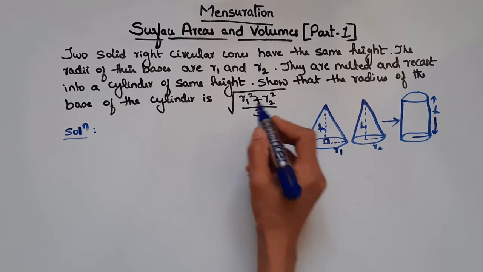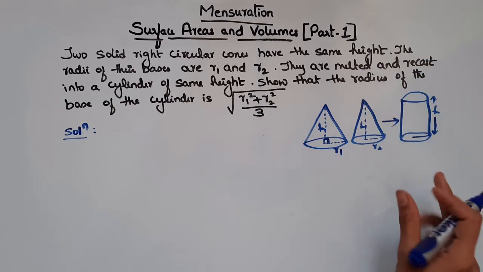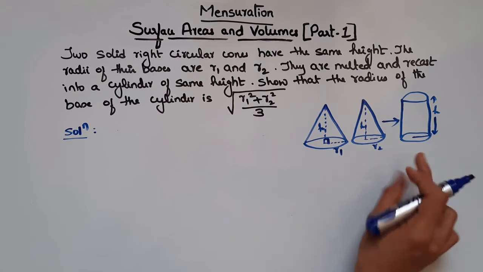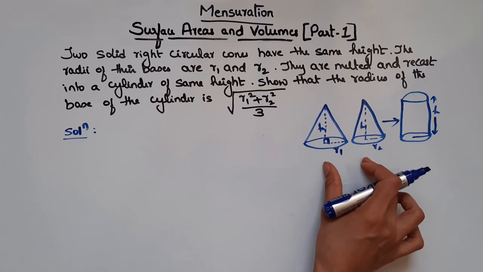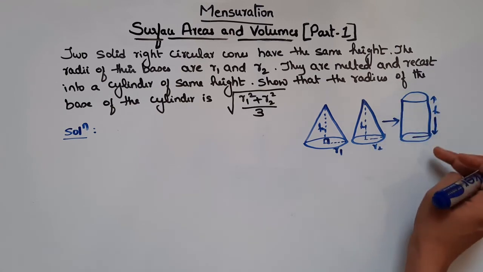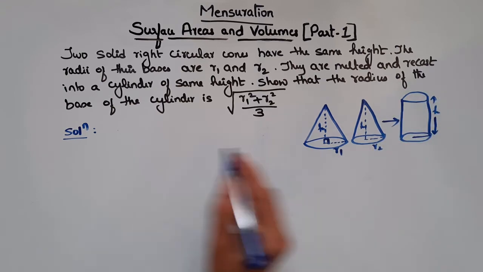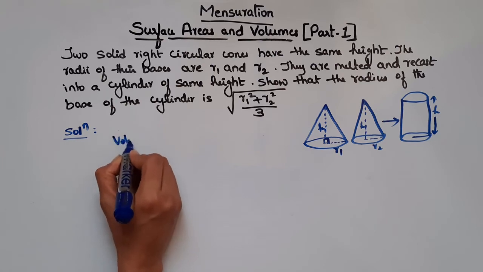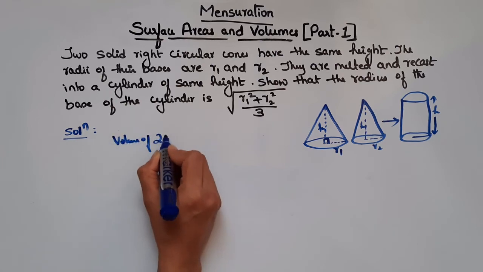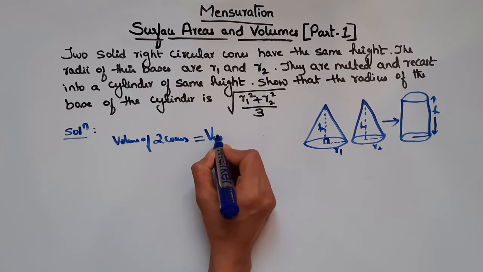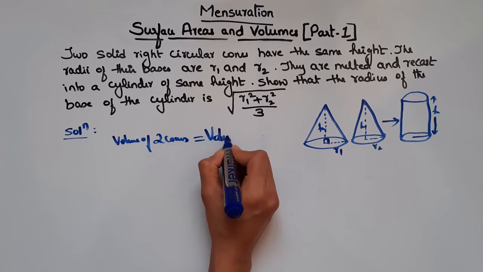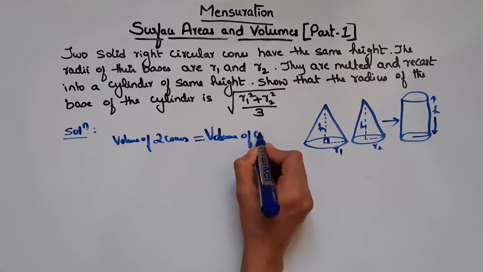As I said, in recasting or casting problems, the volume remains constant. So the volume of these two cones is equal to the volume of this cylinder, right? So we can write volume of two cones is equal to volume of cylinder.